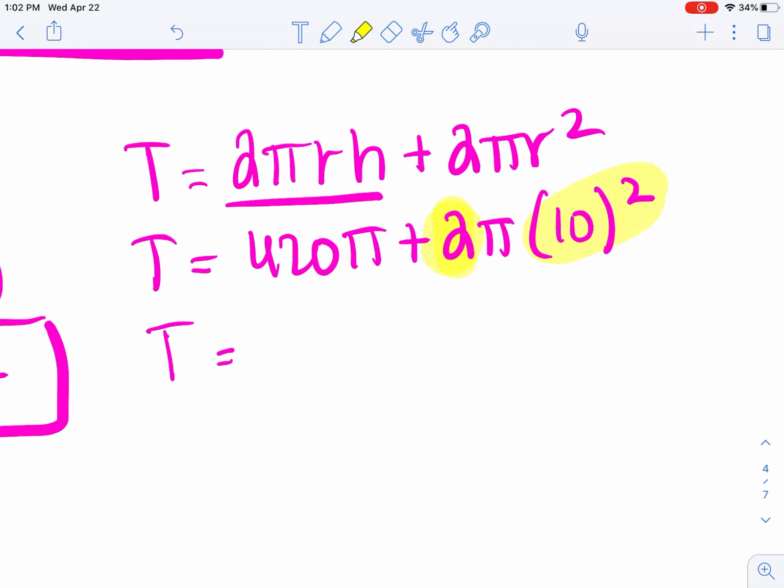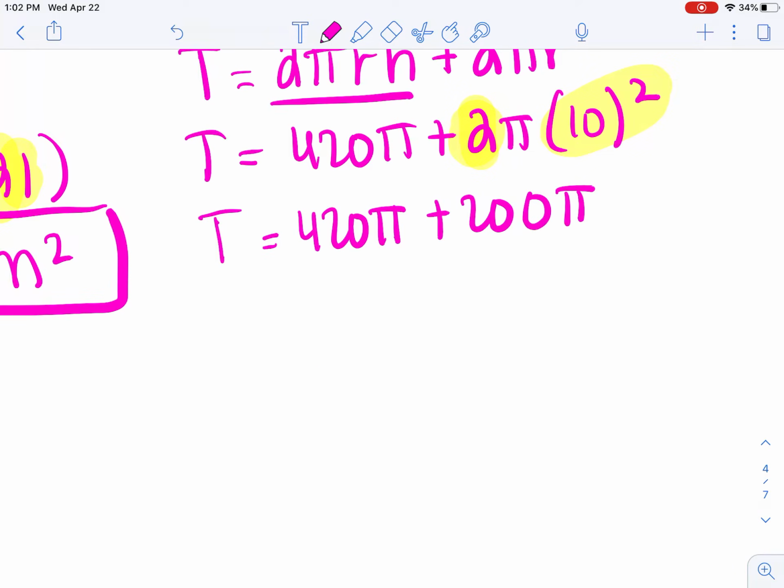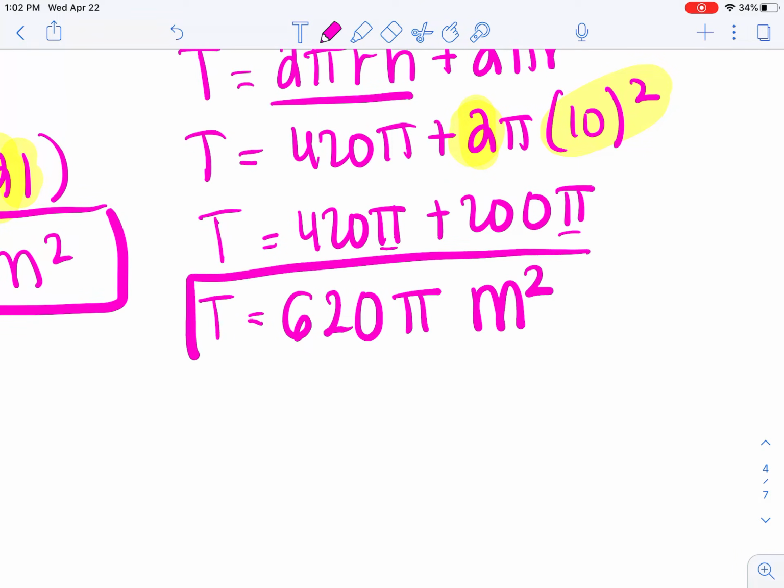You can use your calculator, but you could also do it in your head. That is 200 pi. So this is 420 pi plus 200 pi. Now realize these are like terms because they both have pi in them, so I can combine them. So this is 620 pi, and my unit is meters squared. So these are my two exact answers.